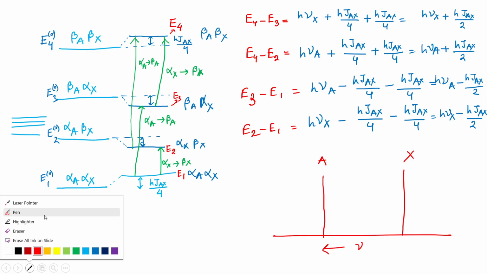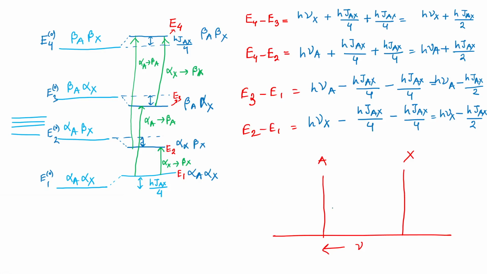Earlier also we got four transitions, but at two energies. But now the energies are different for the transitions. So X can have two types of transitions, one with the energy plus hJ_AX/2, another with minus hJ_AX/2. So the resulting one would have one plus and one minus energy.